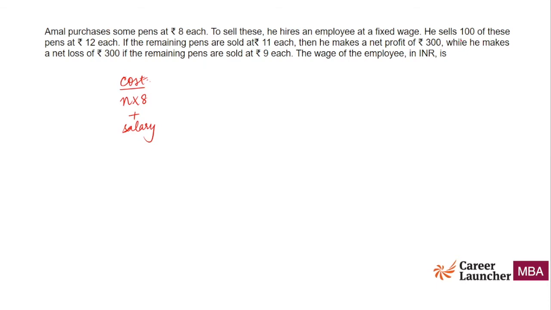Now, he sells 100 of these. So there are two cases, right? The first case: he sells 100 of these at 12, so this is the sales we are talking about. And the remaining pens will be n minus 100, and they are sold at 11 each.